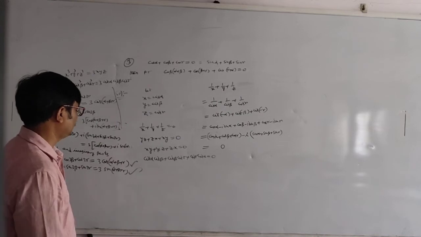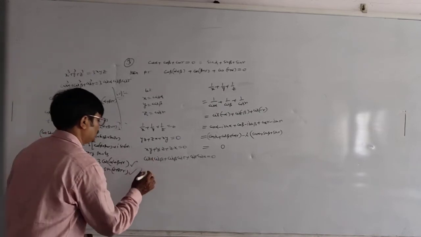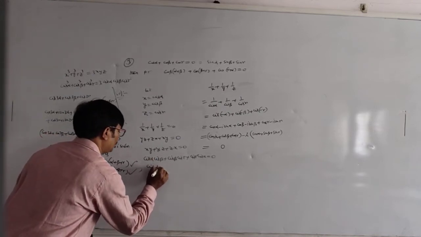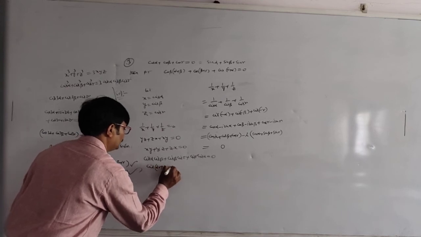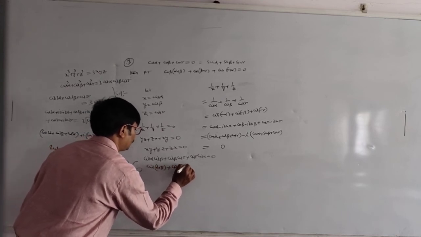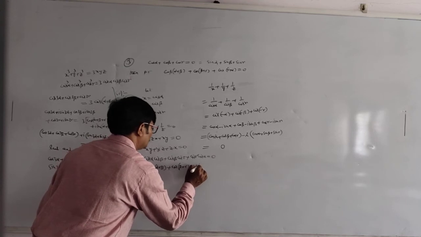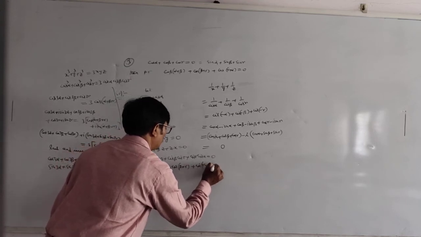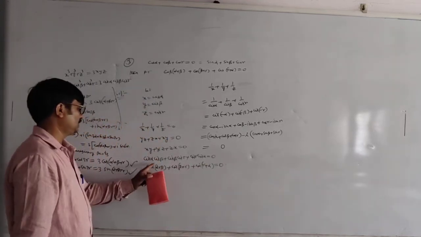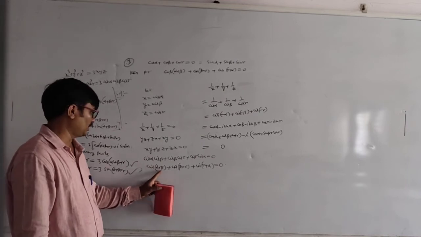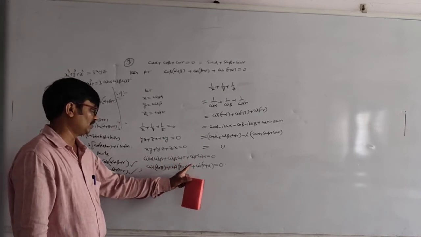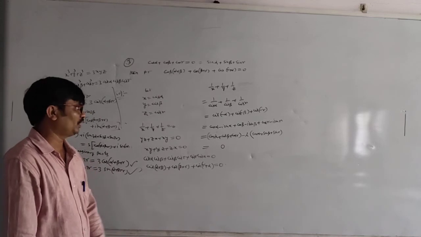Now students, cis A into cis B is cis of A plus B. So this is cis of alpha plus beta, cis of beta plus gamma, cis of gamma plus alpha equal to 0.